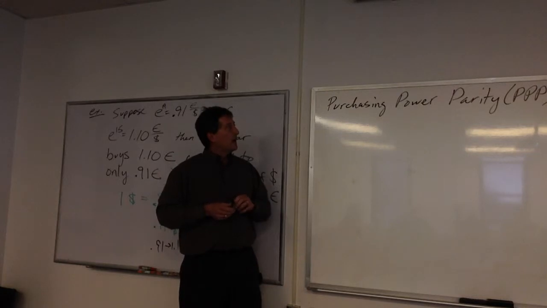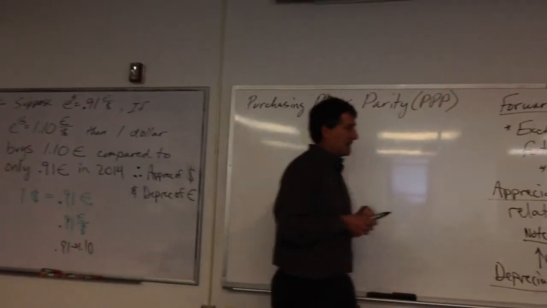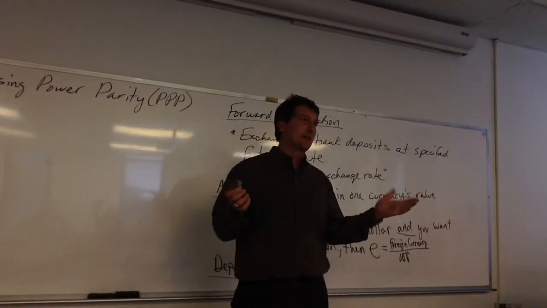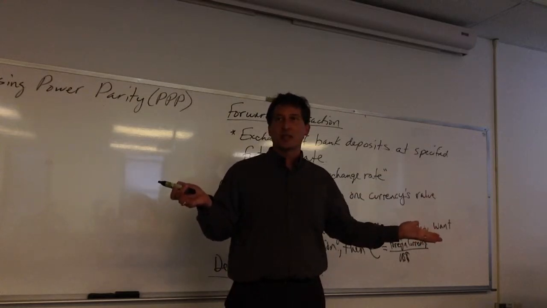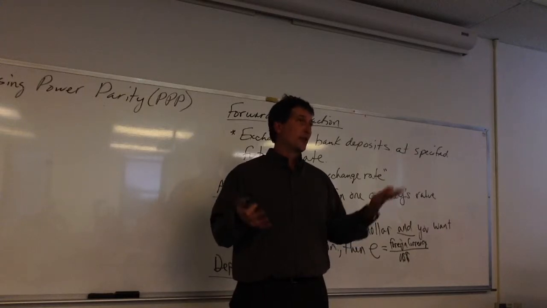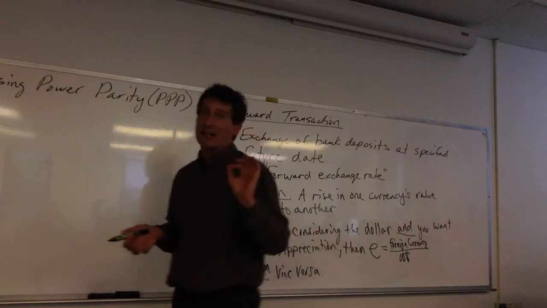All right. So the way I like to think of it is that two identical goods in different countries should cost the same after we adjust. The price of the good expressed in whatever currency it's in should effectively be the same. Why would we predict that in economics, first of all?